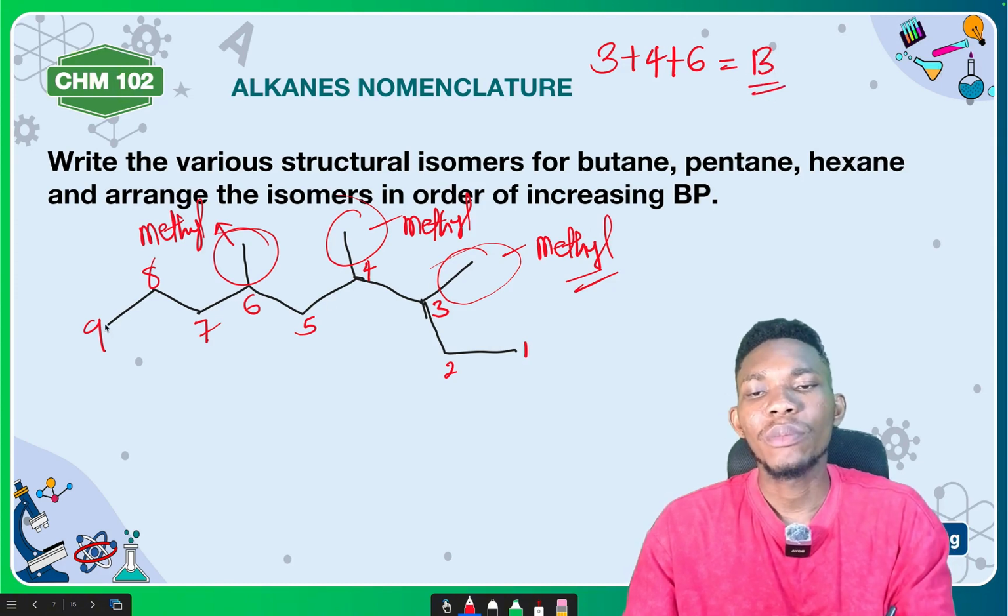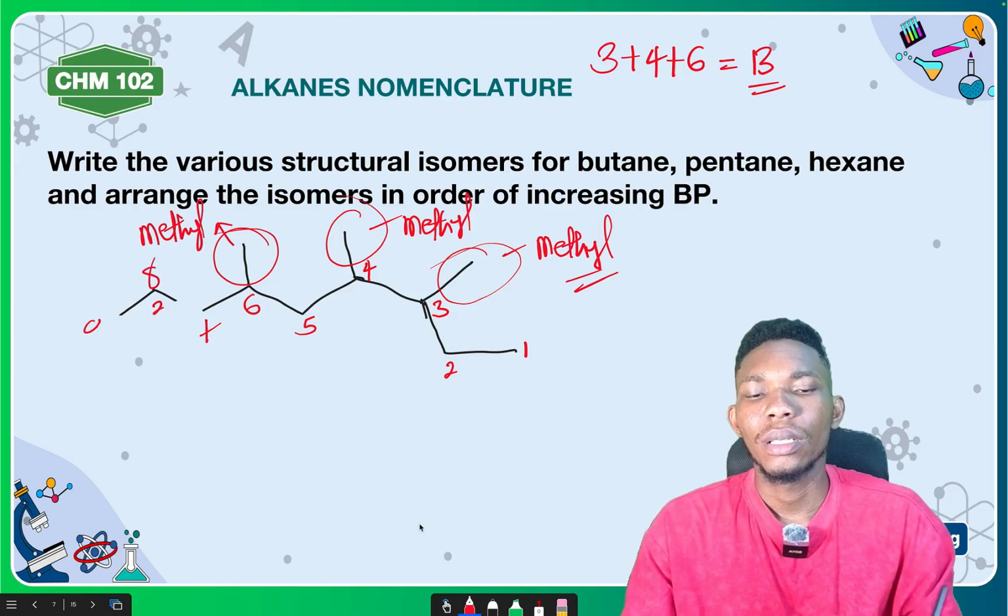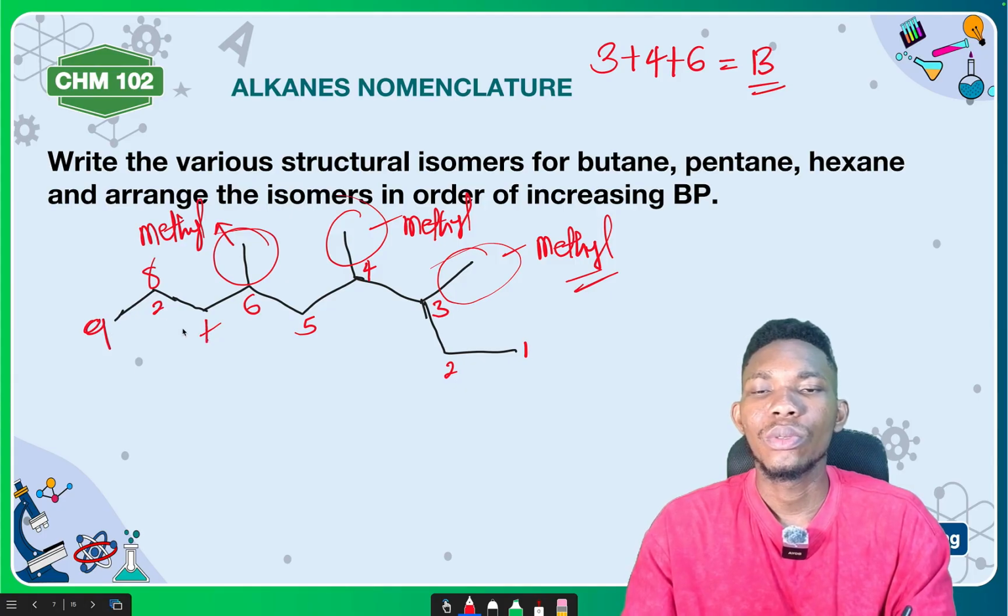Now, let us number from this side. Here is 1, 2, 3, 4. Okay, let me use a different pen. This is actually 9 here. Here is 2. Here is 7.